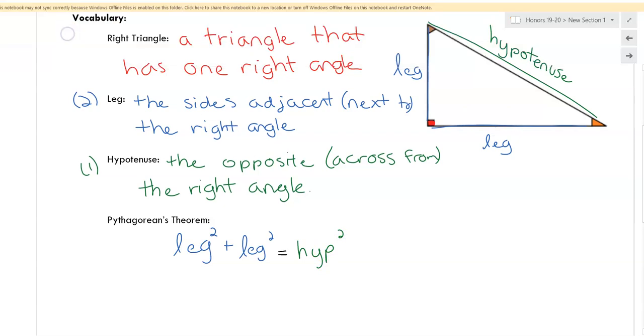We often say that we have side A, side B, and side C, and say A squared plus B squared equals C squared. Again, you might have heard this before. A lot of times it's like in 8th grade, you go over Pythagorean's theorem. So A squared plus B squared equals C squared, and we can solve then for any of those sides if we have the other two for a right triangle.